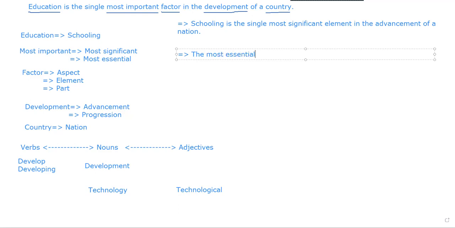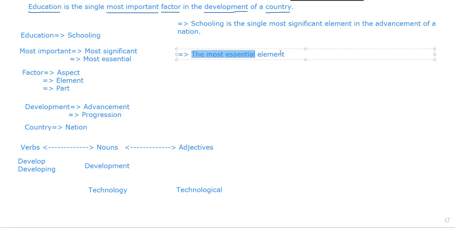Okay, the most essential, then maybe element, we can keep the element this way. Okay, so this is the synonymous expression, the first strategy.